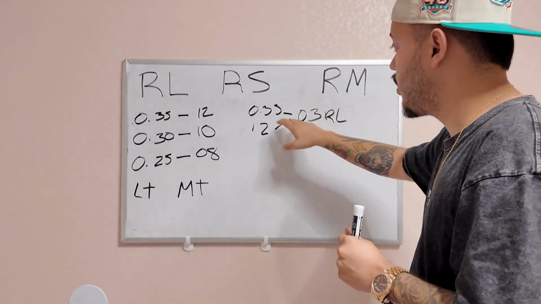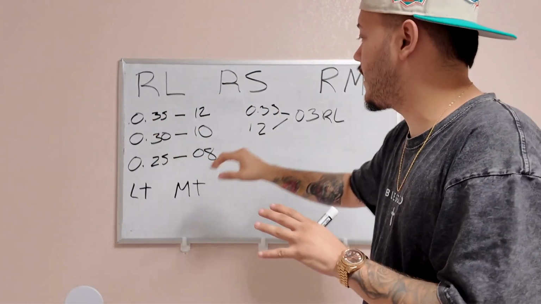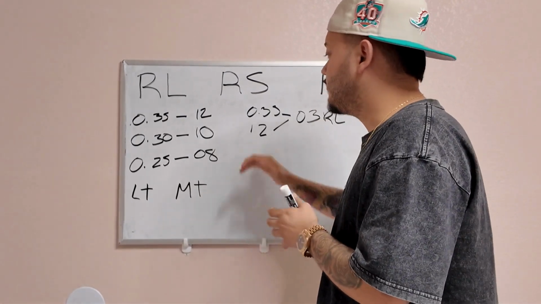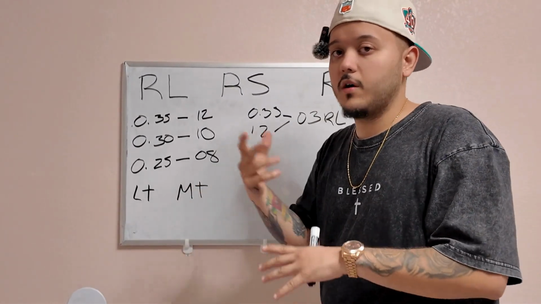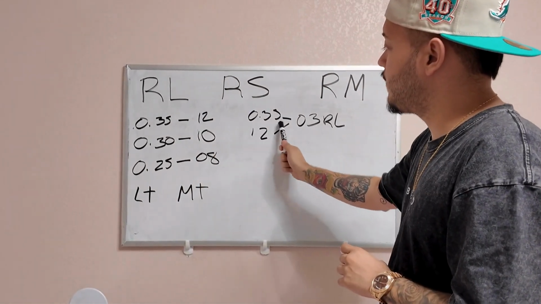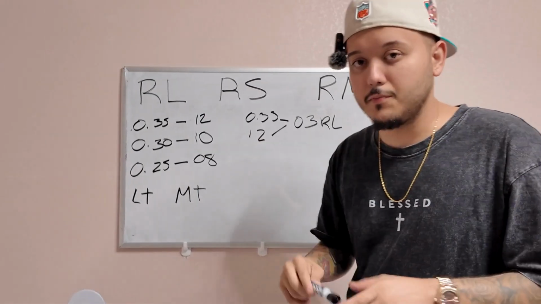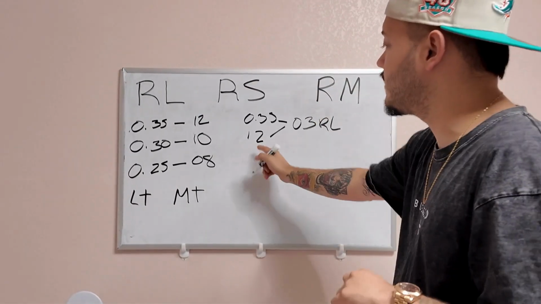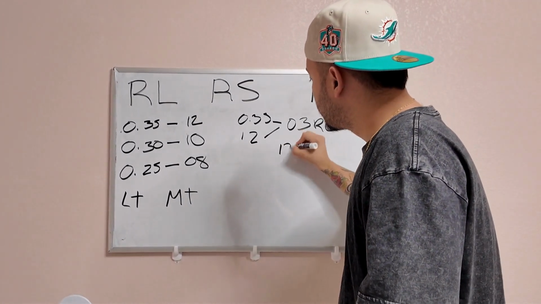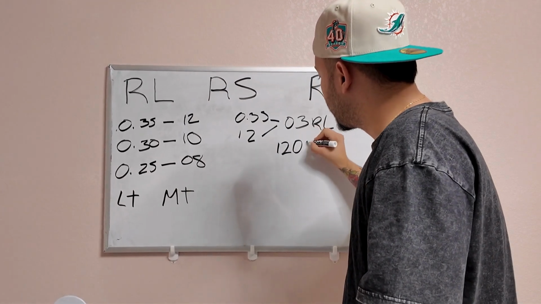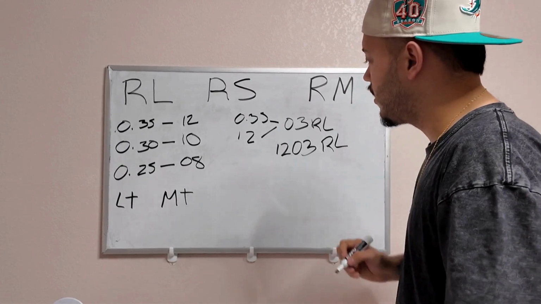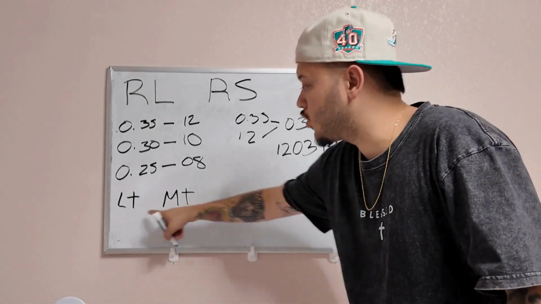For example, in some countries they have 0.35, depending on the brand you use or the country of the brand, right? So you've got 0.35 or 12. This essentially means the same thing. I'm going to write down an example for the 12. So you can see 12 03 RL, and then at the end you can see either long taper or medium taper.